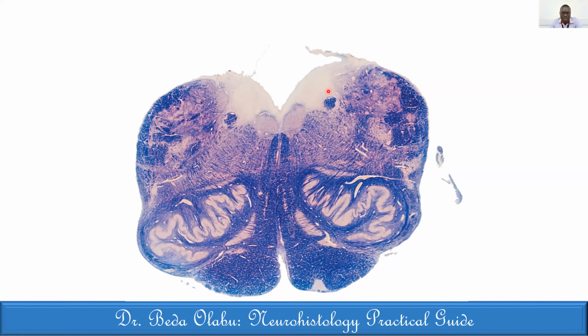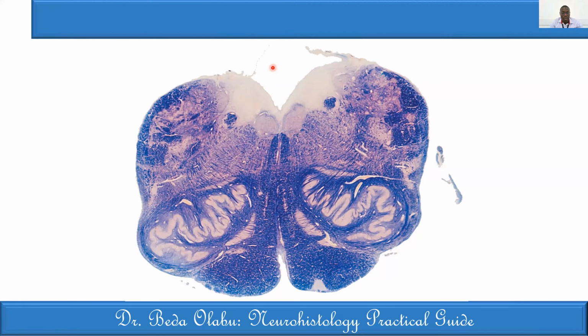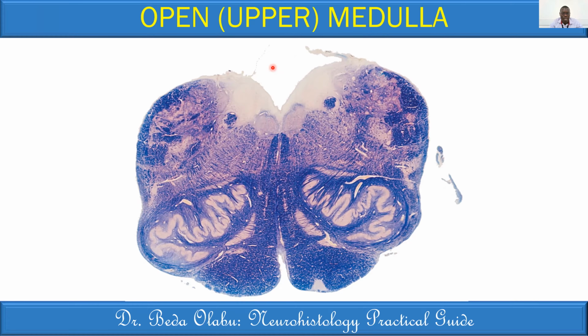We have some cranial nerve nuclei there. We don't have to go into the details. And then I agree with Dr. Jennifer that this is actually the fourth ventricle. So if it's ventricle, then you call this one periventricular gray. So with that, we will go with the open medulla, which is upper medulla.